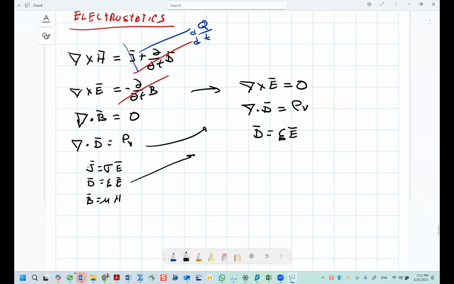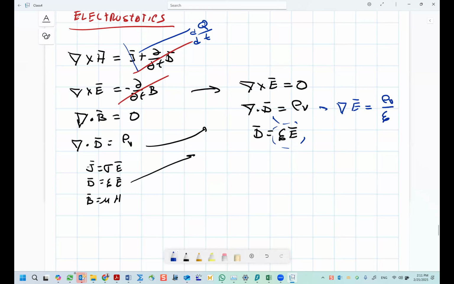Now we're going to play with this a little bit. The first thing that we're going to do is put this in there. So we will have the divergence of E equals rho V over epsilon.